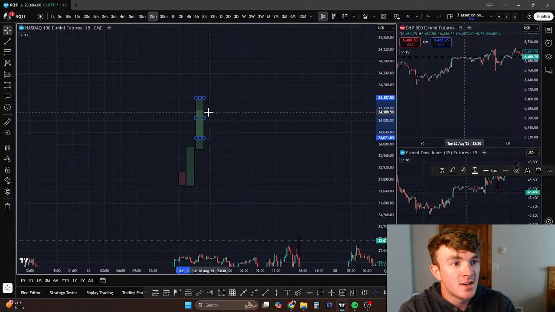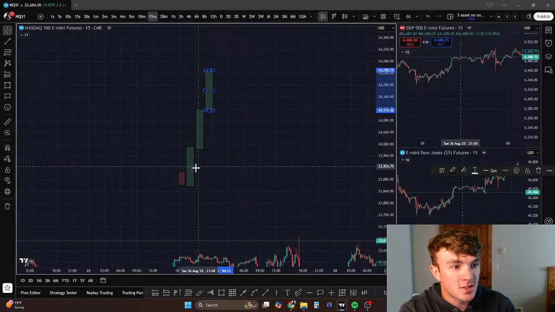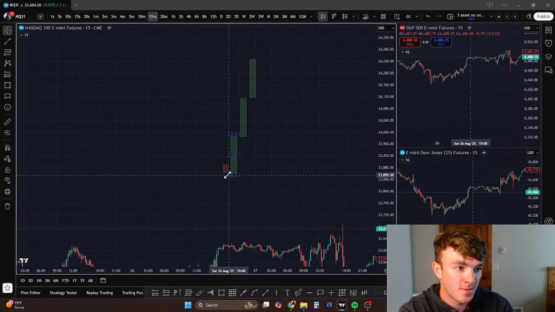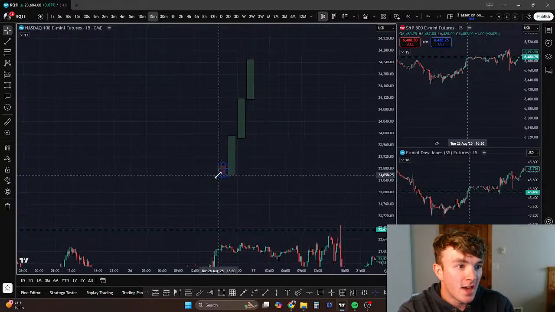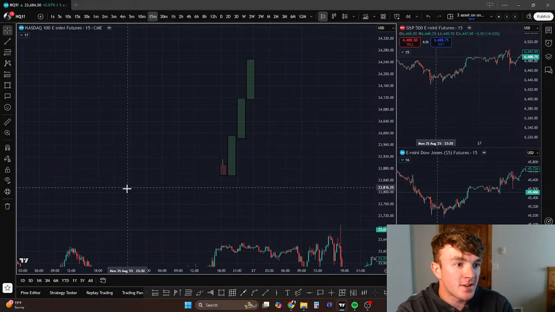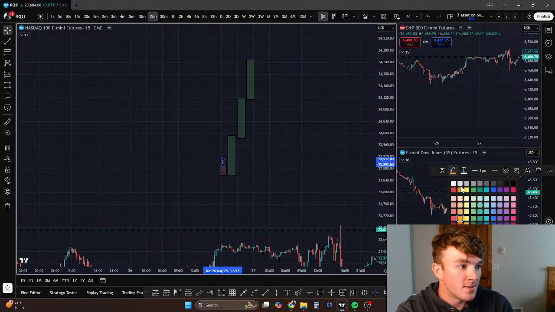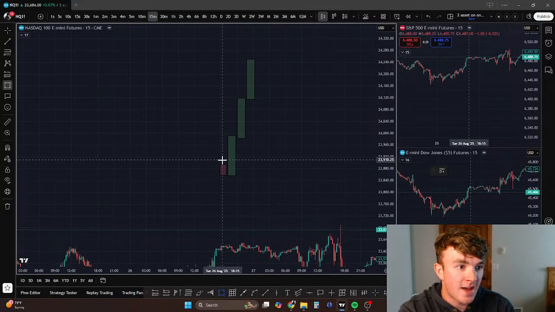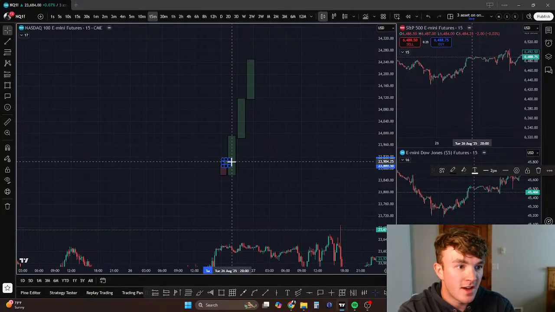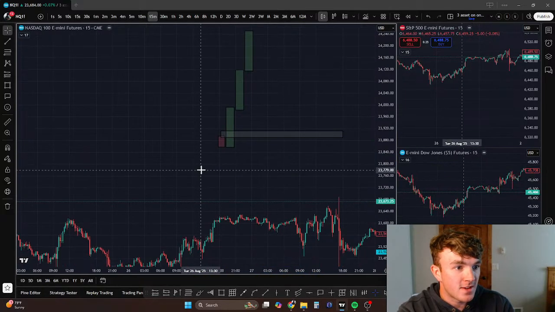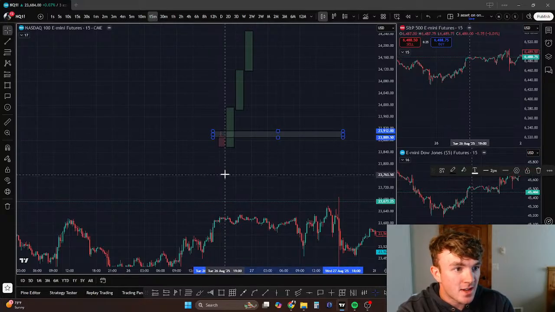It's hard to deny how specific these OBs are, because it is the down close candle before this giant move higher. Everyone sees this OB on their charts. It's very, very specific.